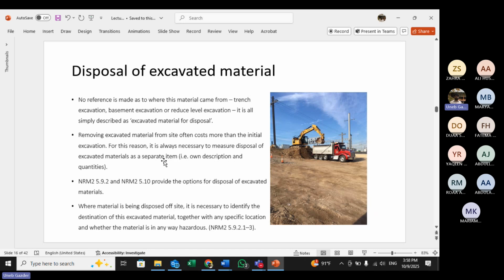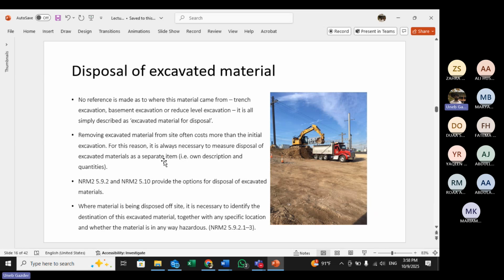So you can combine the entire material, and you have to look at the cost of disposing. Because the cost is high, you need to mention it as a separate item. If you go to NRM, you will find a separate item for disposal of material. So you cannot combine excavation with disposal.